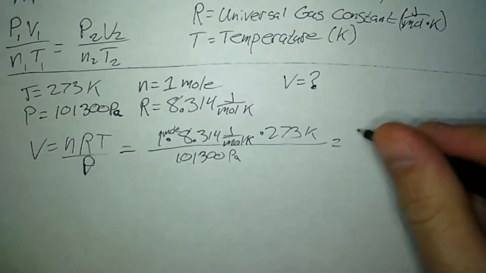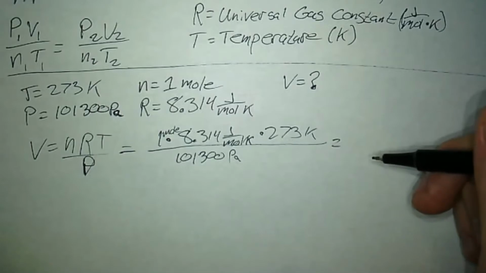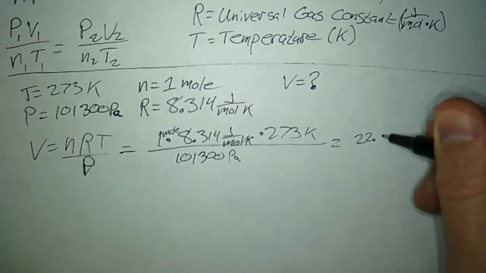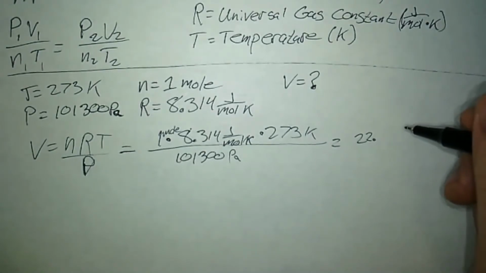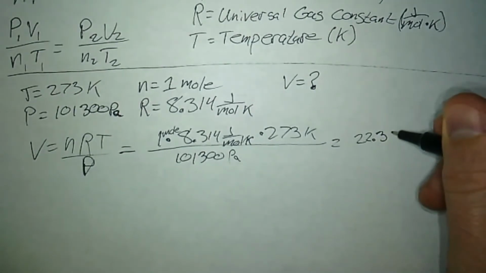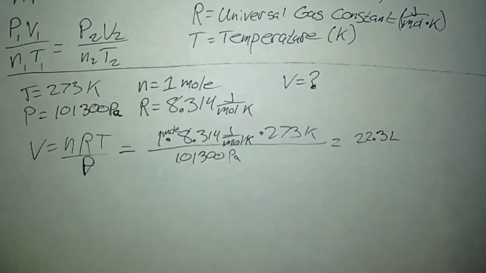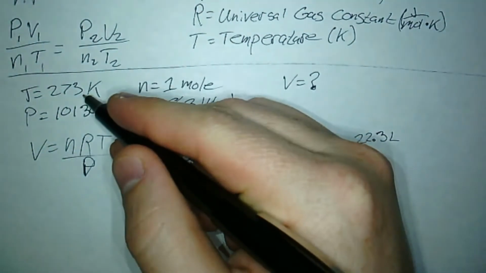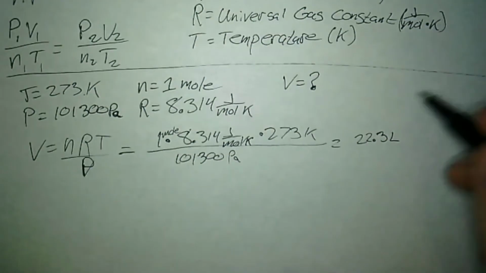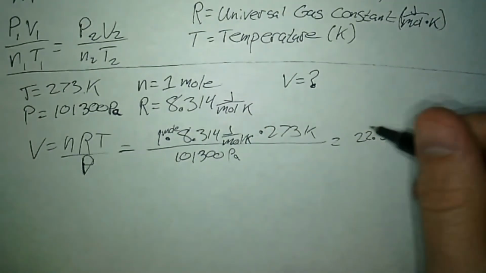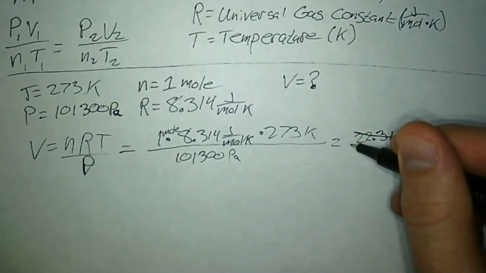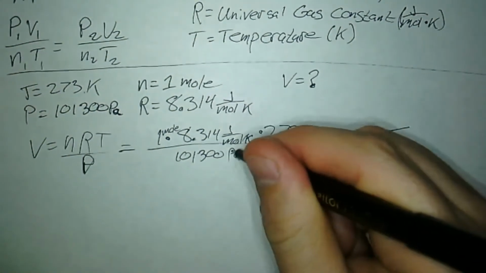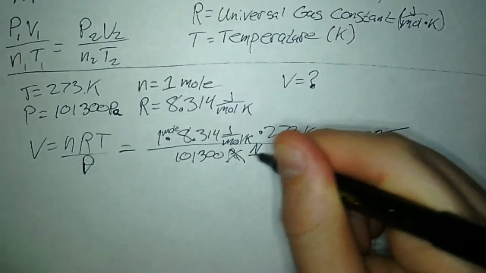Then you should know that any gas at STP will take up 22.4 liters. Technically, we get 22.3 liters here, because STP is really supposed to be 273.15. So that's going to be a small difference here. But actually, this is not what we get from our equation, because, like I said, we're doing this in pascals, or newtons per meter squared.